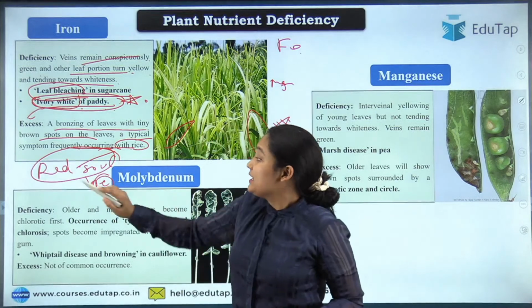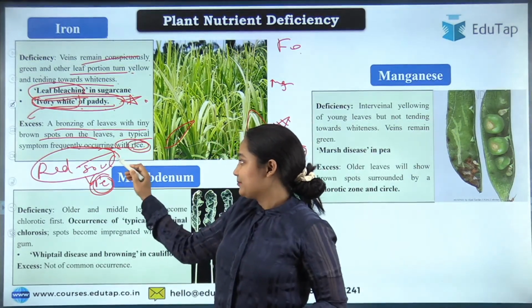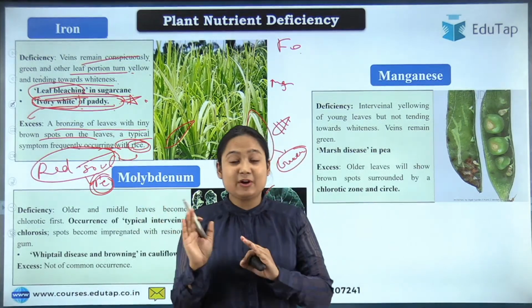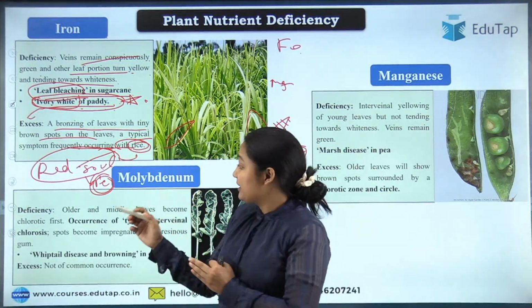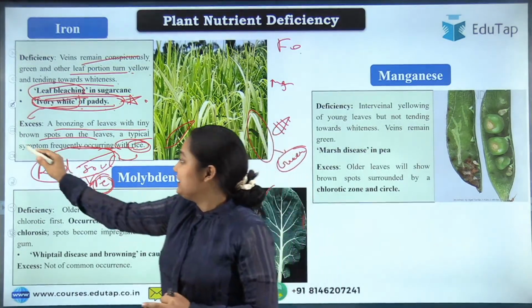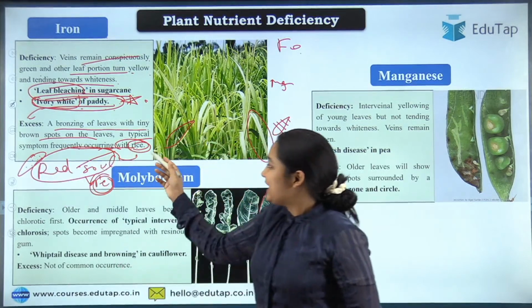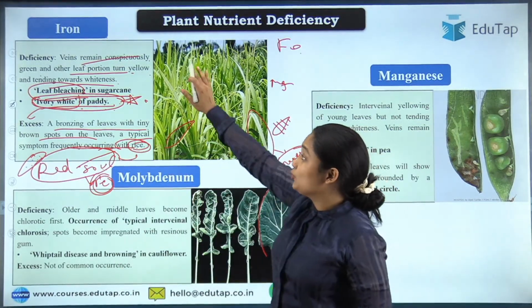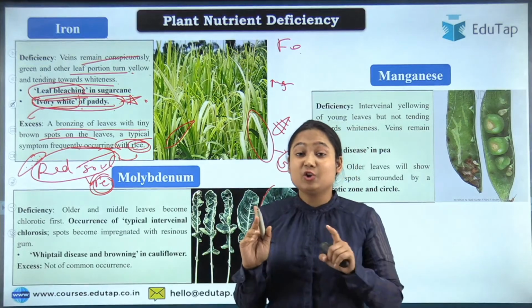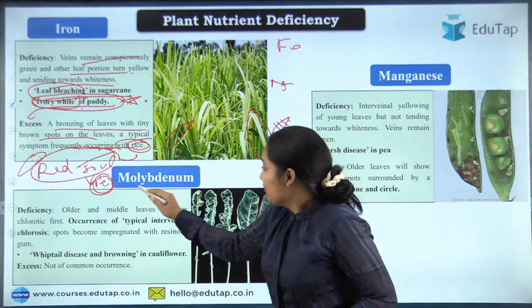Red soil is red because of too much iron. If you try to grow rice in this soil, its leaf will seem to have brown spotting, and that occurs frequently in rice. This is due to the excess of iron, not deficiency, again excess of iron.